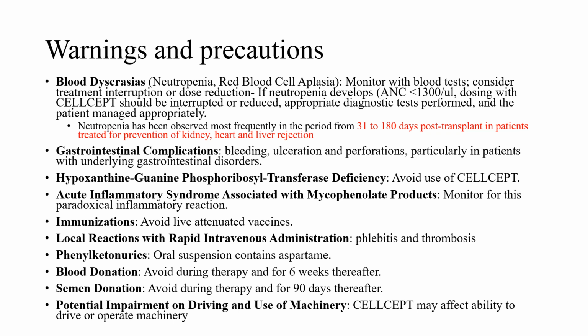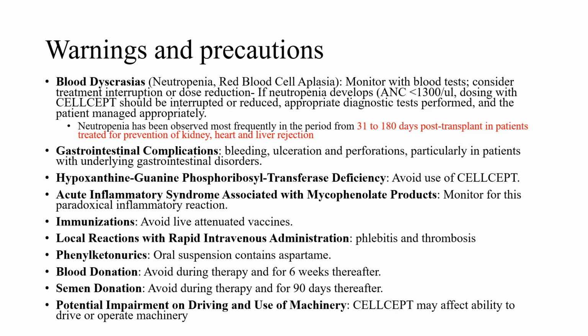Another interesting adverse effect is that it can cause an acute inflammatory syndrome, which is paradoxical, because the patient will have features of acute inflammatory response, increased TLC, raised CRP and ESR, without any features of infection. That usually occurs with a higher dose of mycophenolate mofetil, and once you reduce the dose, that will subside.